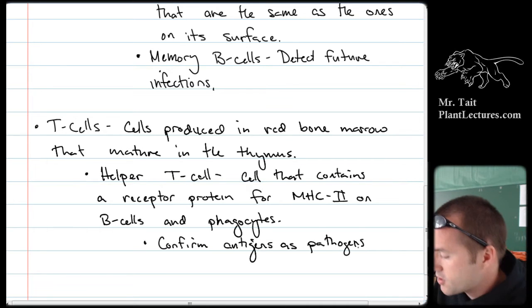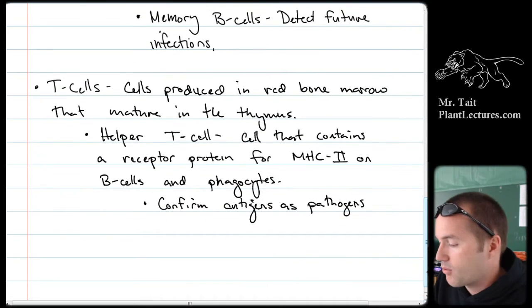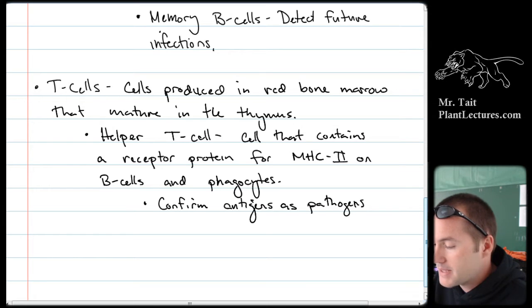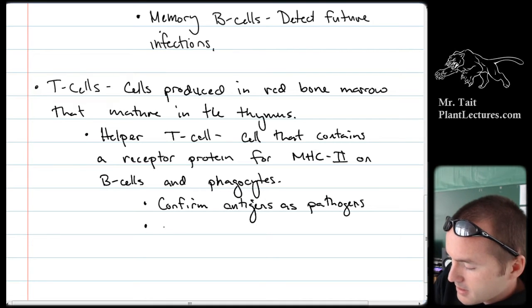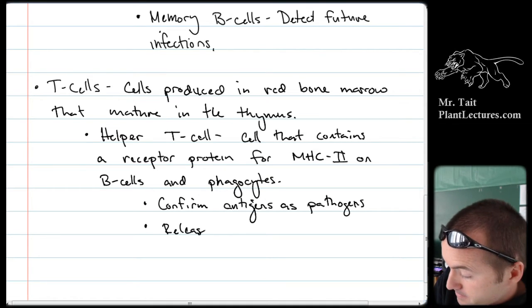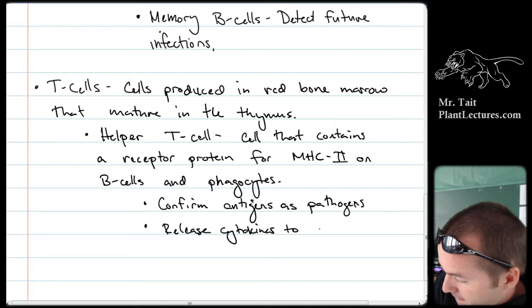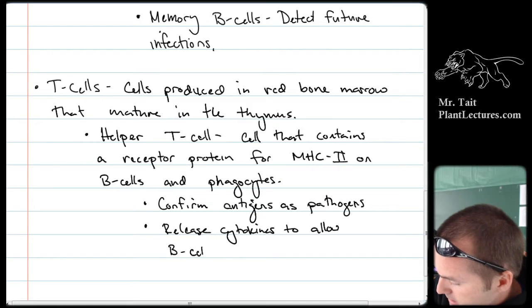They're making sure that there's no rogue phagocyte or rogue B cell out there that's attacking your own body. And if they do, they're going to release these things called cytokines to allow B cell division.